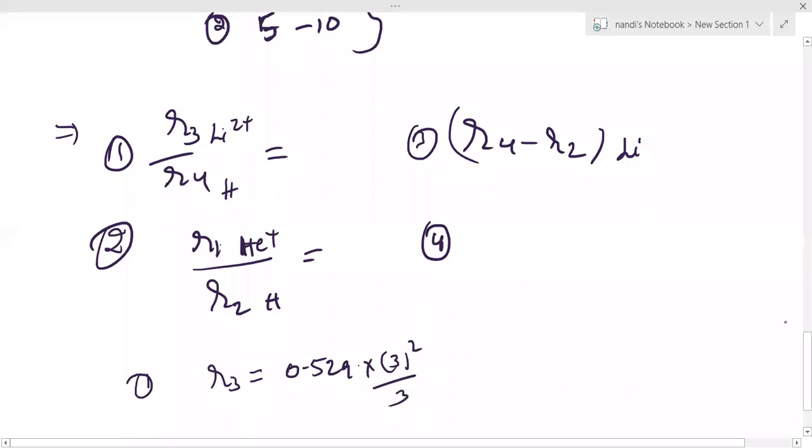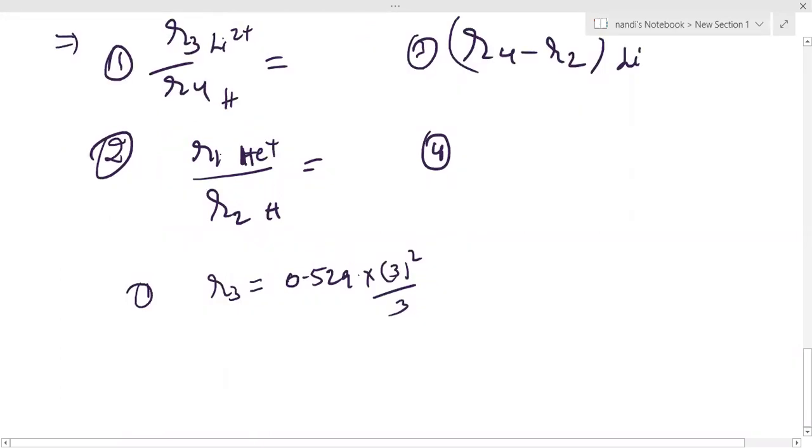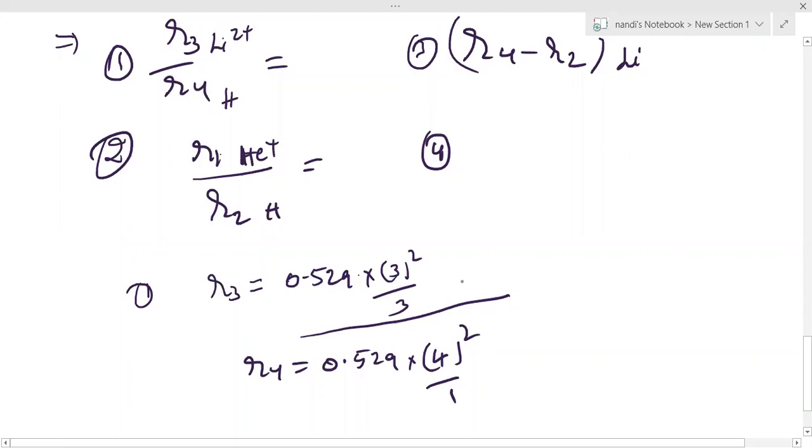This is lithium. And R4 of hydrogen equals 0.529 into 4 square by 1. Take the ratio. This is for hydrogen, this is for lithium, because 3 means lithium and 1 means hydrogen. Then take the ratio. Whatever is common, cancel. Write whatever is remaining. Understood?